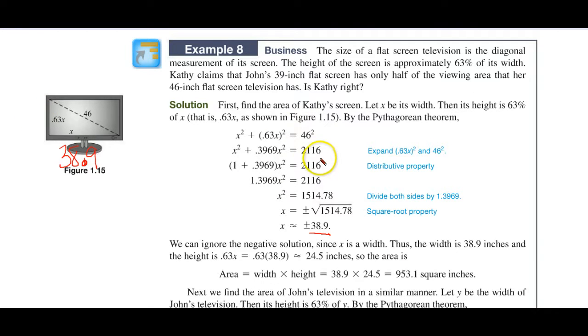Okay, and there's the work, and again it's a squared plus b squared equals c squared. In this case, since you don't know what this is, you're going to have to fiddle a little bit here. Let's go on.